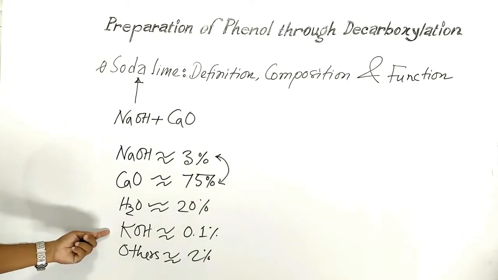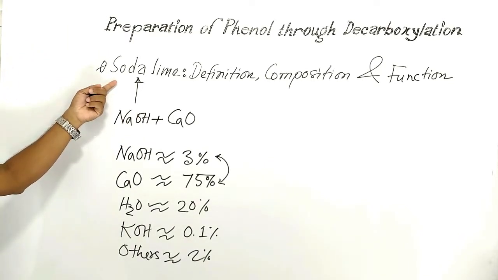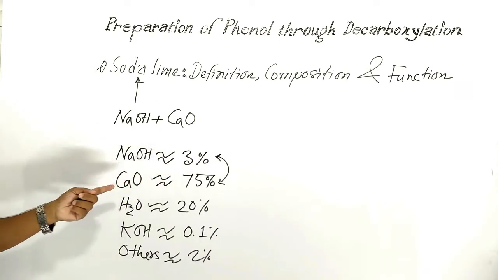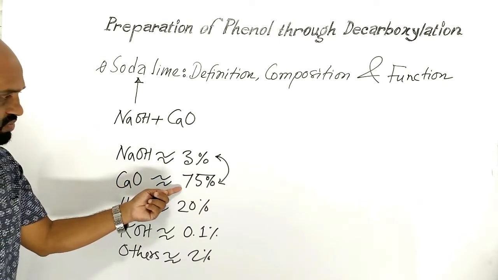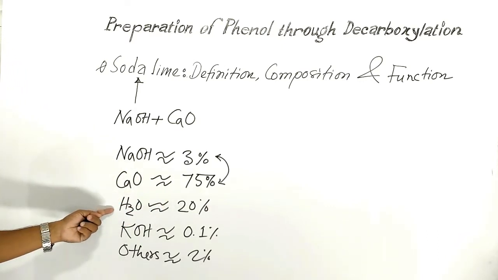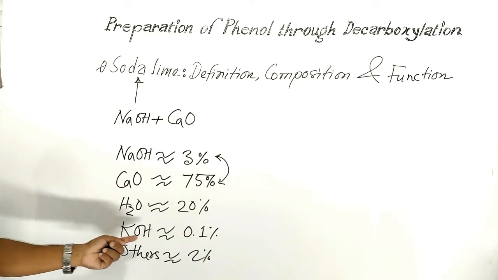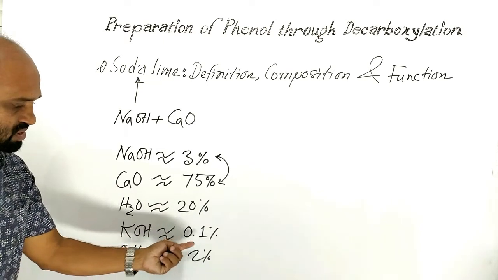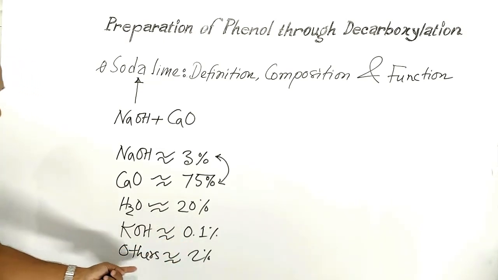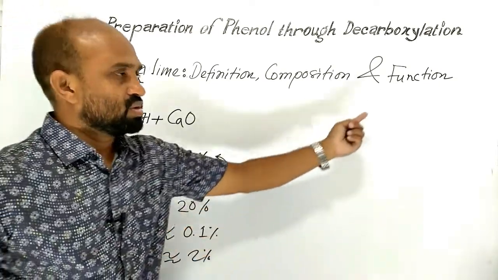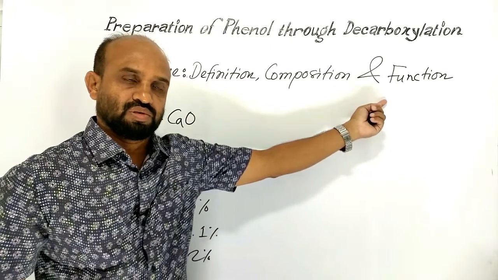This is the composition of soda lime, in which sodium hydroxide is 3%, calcium oxide 75%, water around 20%, caustic potash around 0.1% and other chemicals around 2%. Now let's see the function of soda lime.